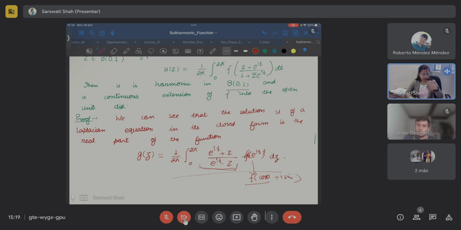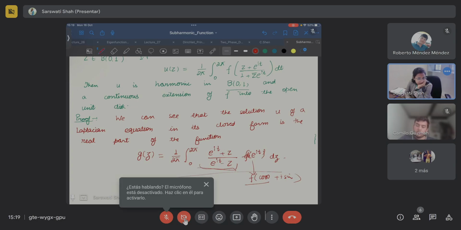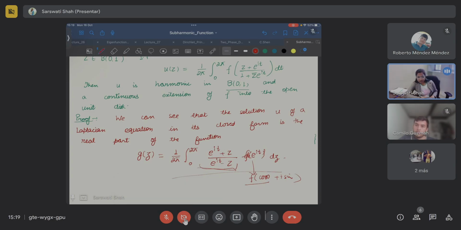The boundary was supported by, in the Laplace problem, when we were talking about the closed form solution.